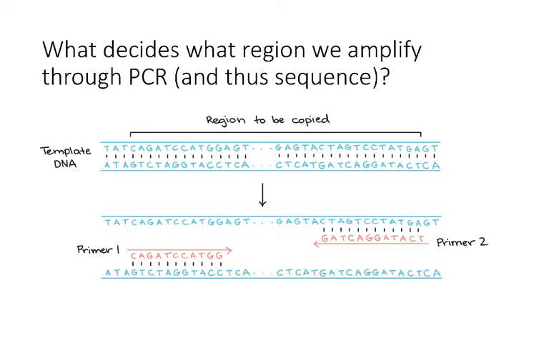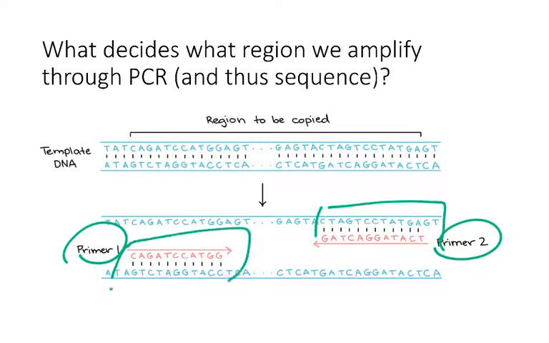So what really decides what region we amplify is our primers. So the primers are what specifically bind to our target template DNA and then amplify that region that we want to copy. So the design of the primers and the specific primers we use is really what determines what sequence of the genome we're able to obtain.